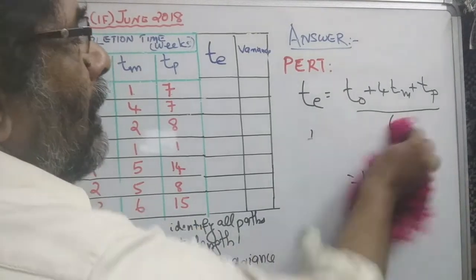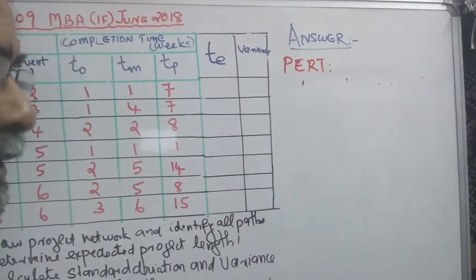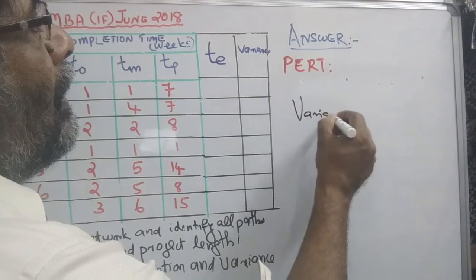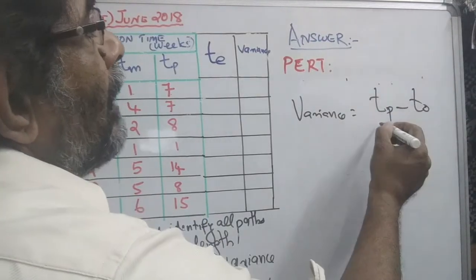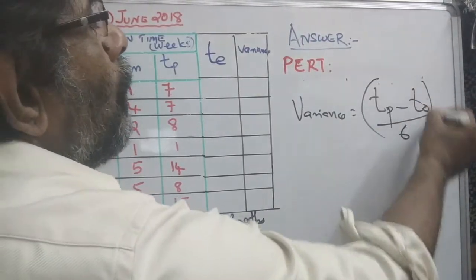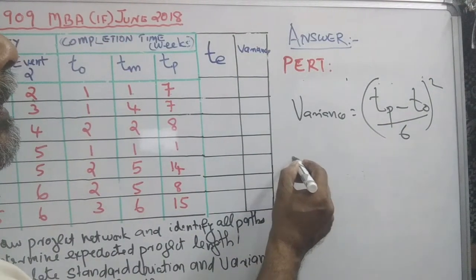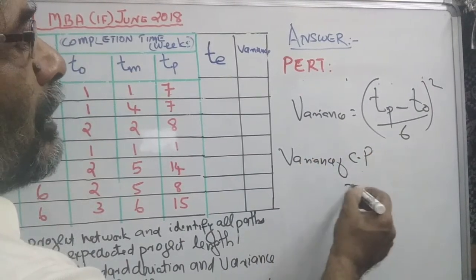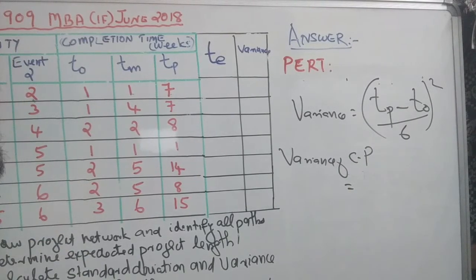The variance for each activity is pessimistic time minus optimistic time divided by 6, the whole squared. And the variance of the critical path is equal to the sum of the variances of the critical activities.